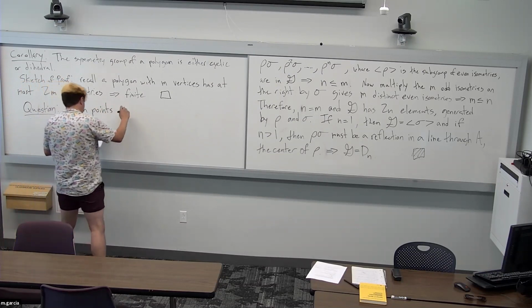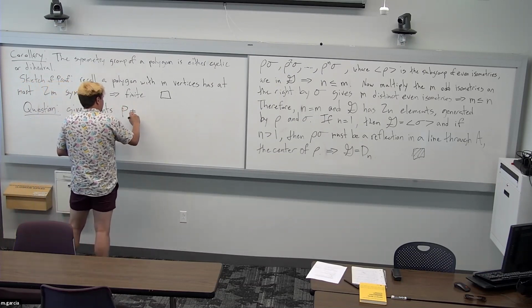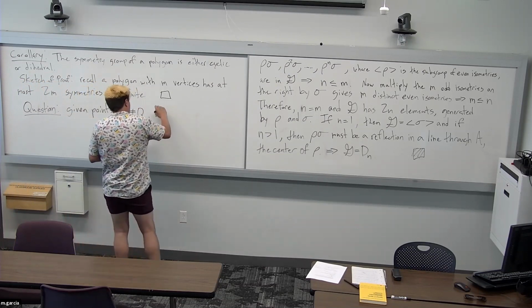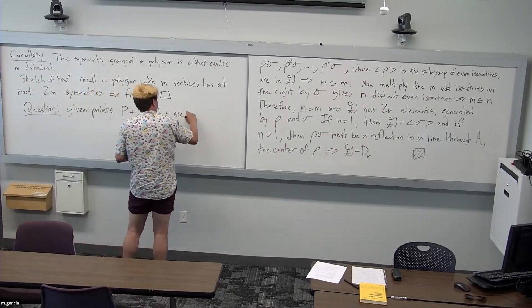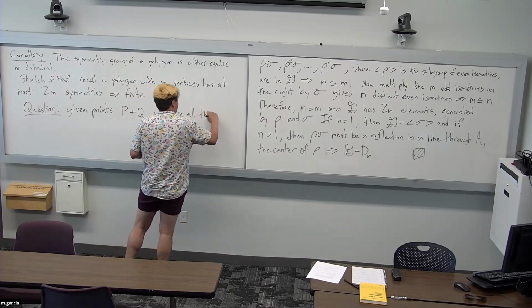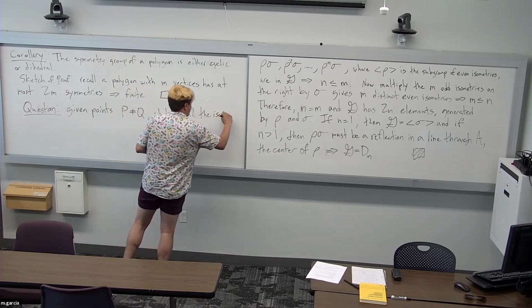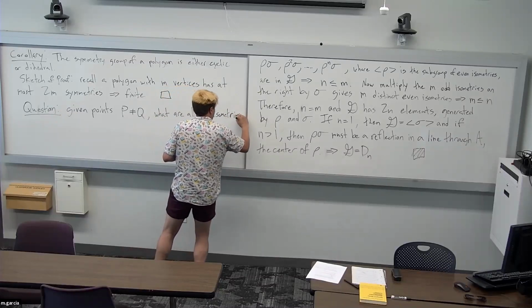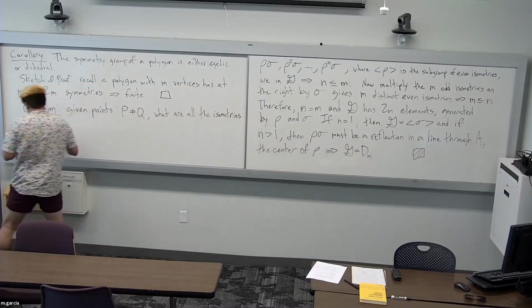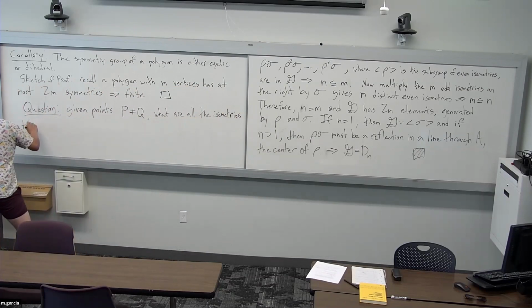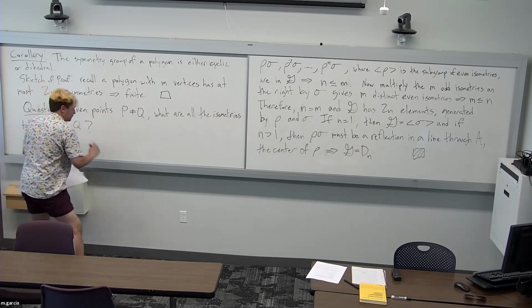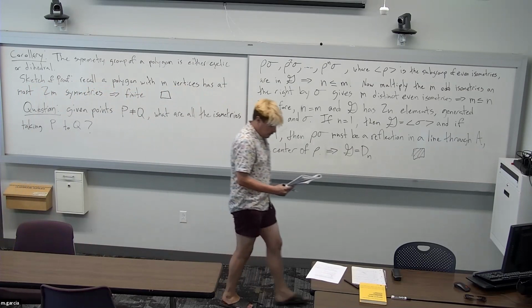Given points P, which is not equal to Q, what are all the isometries taking P to Q?